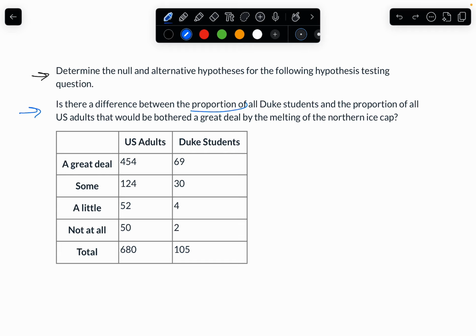And of course, we're still talking about proportions, which means that my parameter is still going to be a proportion, although in this case it's going to be P1 minus P2. Anywho, we want to set up what is H0, and what is HA.